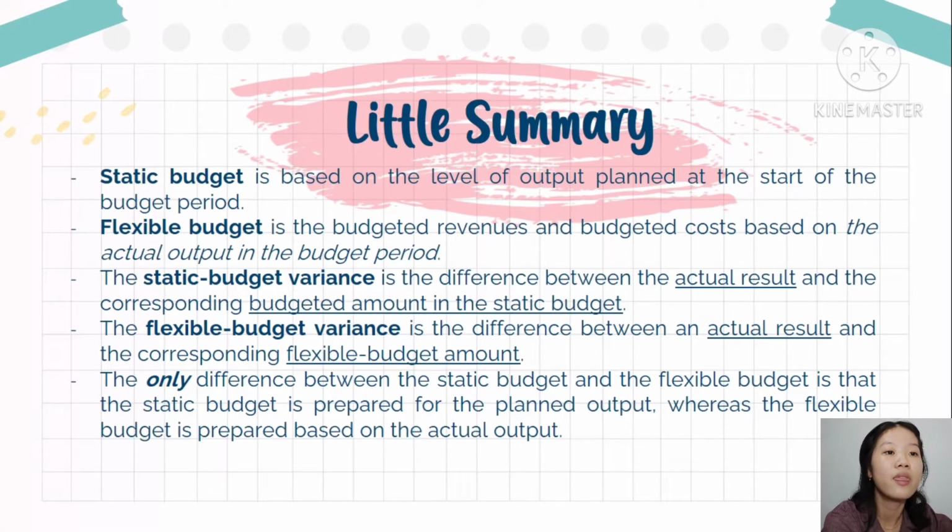The static budget variance is the difference between the actual result and the corresponding budgeted amount in the static budget. The flexible budget variance is the difference between an actual result and the corresponding flexible budget amount.